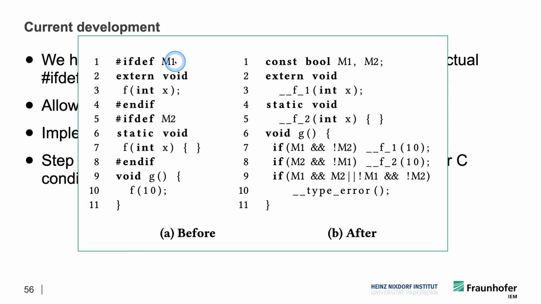But then if we desugar, this ifdef goes away, and we include this particular statement no matter what. I mean, it's still guarded by these conditionals, but these are runtime conditionals.